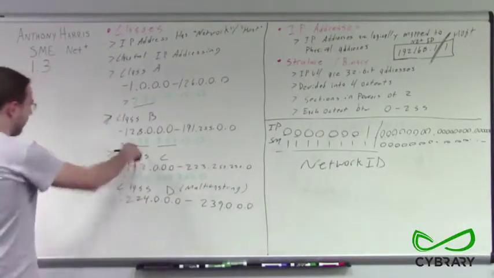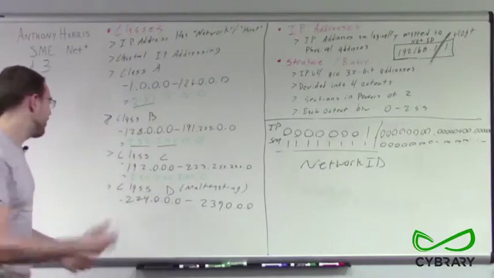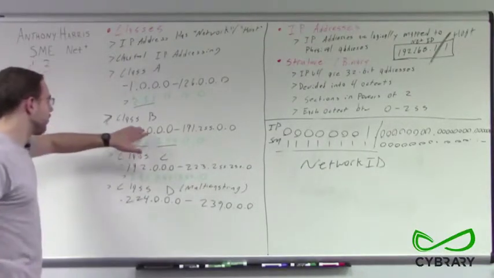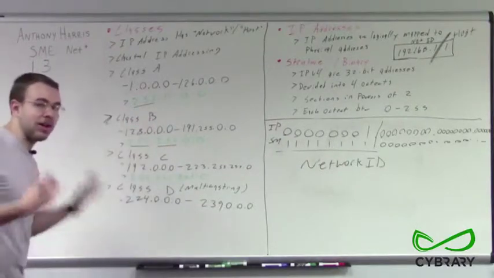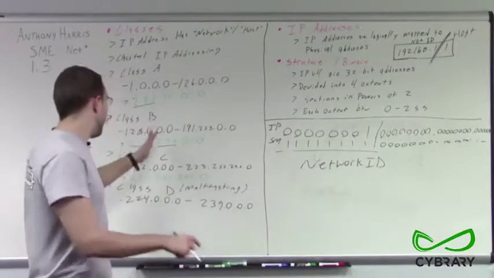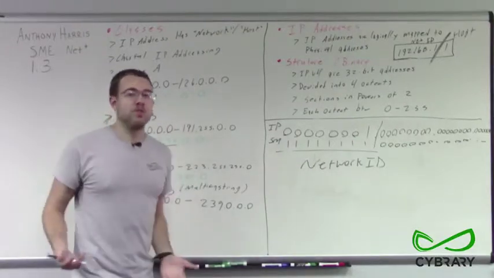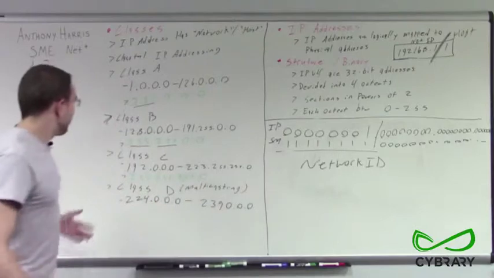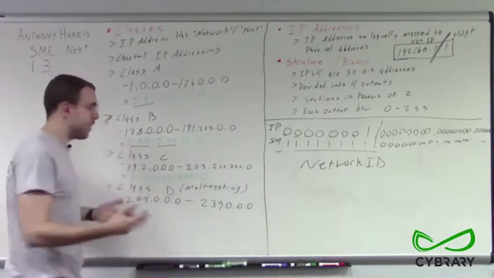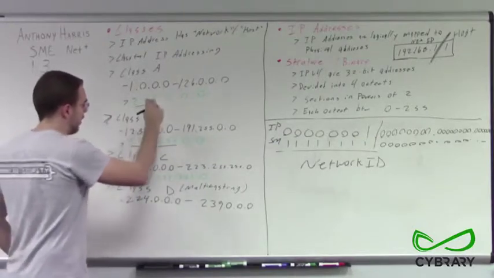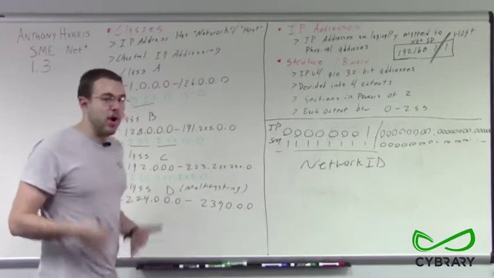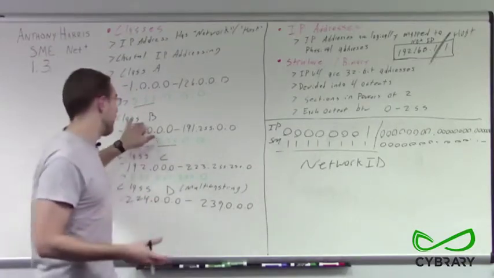Which means, because our subnet mask in our Class B addresses is 255.255.0.0, our first 2 octets in our Class B address range are going to be our network ID. And then the last 2 octets are going to be our host ID. So if you encounter an IP address which is between the range of 128.0.0.0 through 191.255.0.0, these are Class B addresses.